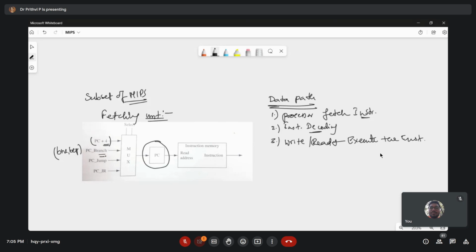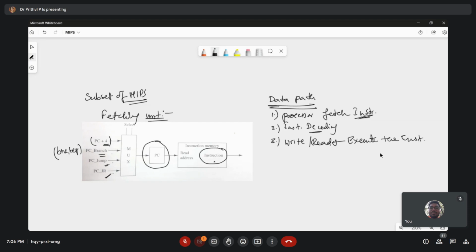You select one of the instructions listed. This one is your jump instruction, a normal jump without any condition, which mentions the register where the jump has to happen. So you are getting the next instruction from one of four possible sources, and the program counter will store that information.